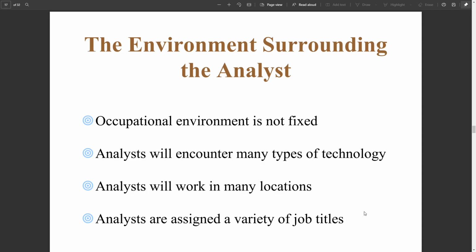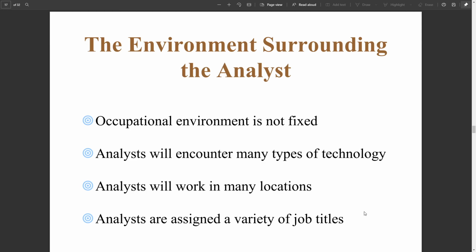So, analysts will encounter many types of technology. Kasi maraming nagpabago eh. Dati wala pang AWS, ngayon meron na. And AWS has basically grown a lot. Wala pang cloud dati, mga shared hosting pa. Ang iba, wala pang mga masyadong front-end framework. So, we rely on basics of HTML, CSS.